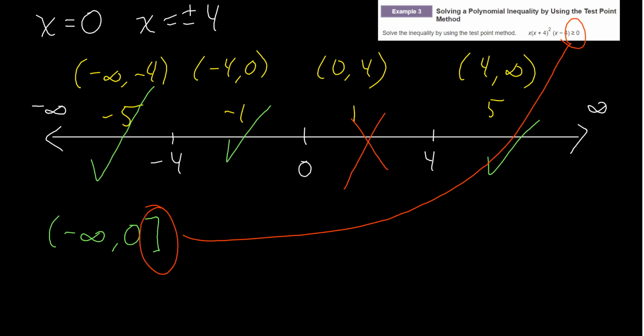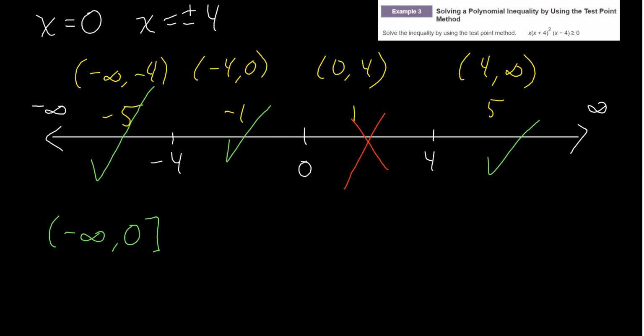And then that is union with this interval here, which is 4 to infinity. Again, we include the number 4 because it is an or equal to 4 to infinity.